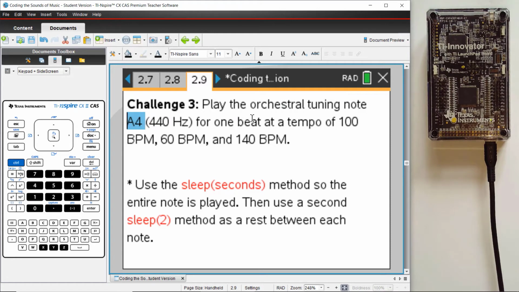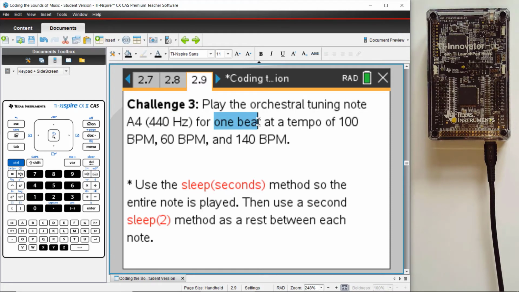And A4 is a note that everyone listens to in the chamber, and they all agree that their instruments play exactly 440 hertz, or A4, which is what's written in the music. And so this is a way for musicians to tune up before the orchestra begins. So that's what that is. A4 is just a musical notation for 440 hertz, that tone.